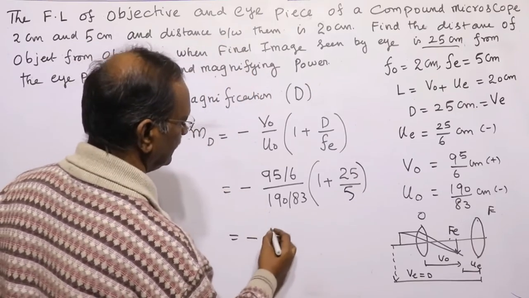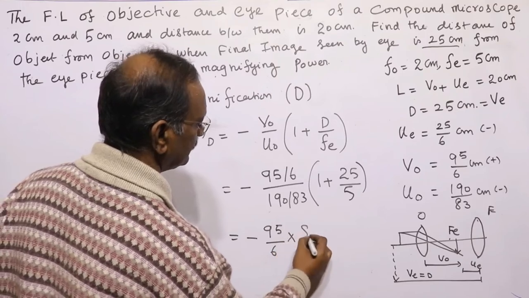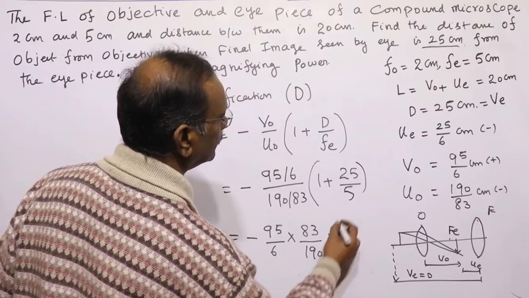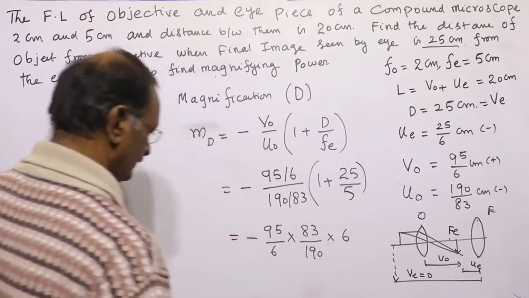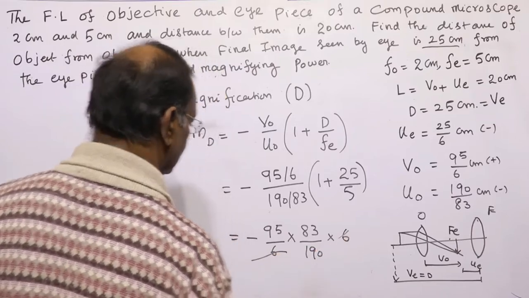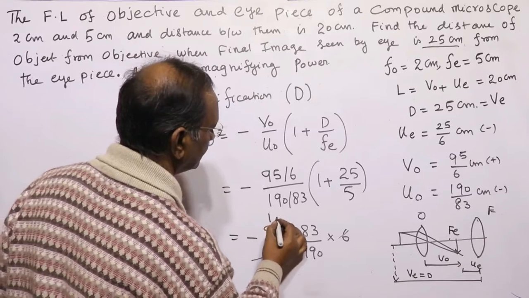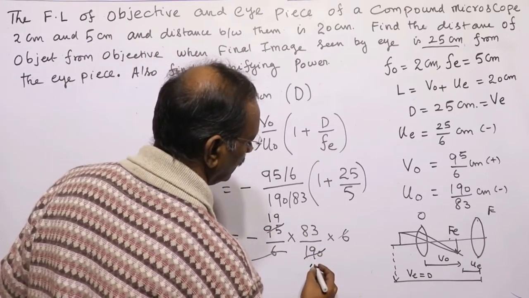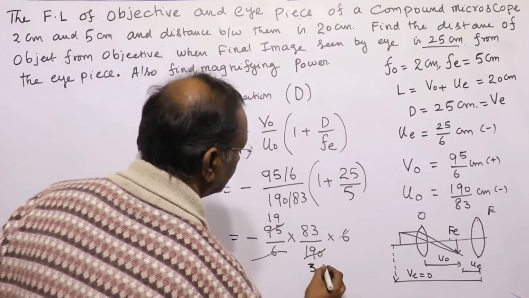This becomes minus 95 by 6 into 83 by 190 into 25. 1 plus 5 is equal to 6. So this 6 and this 6 cancel. 95 is equal to 19 times 5, and 190 is 3 times 3 times 8.